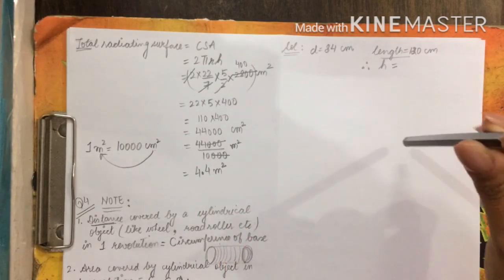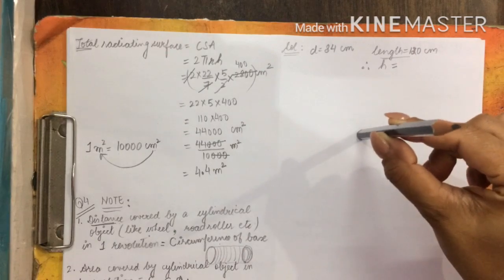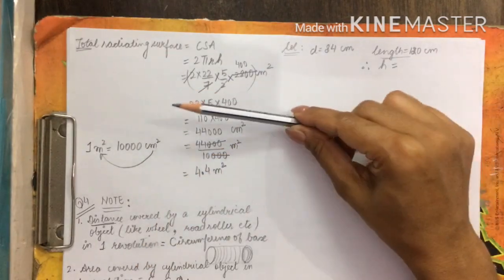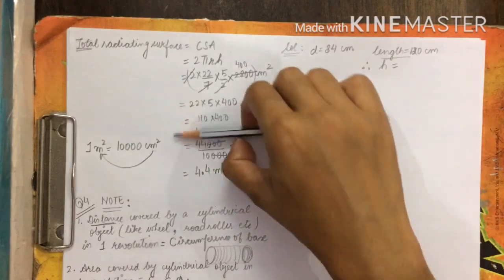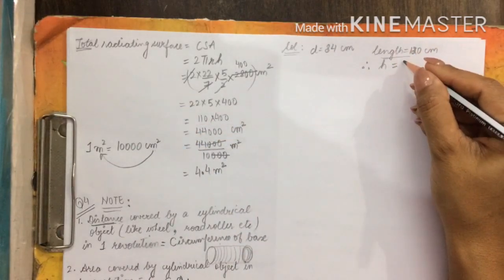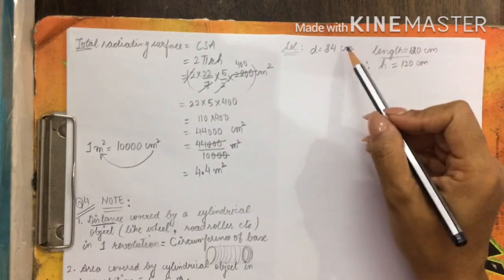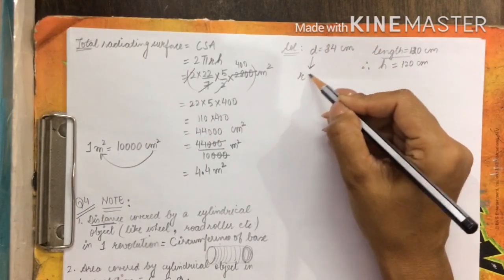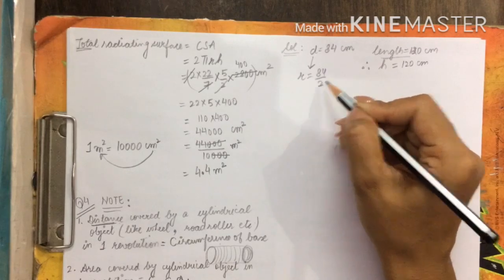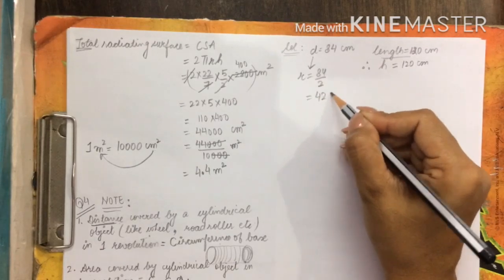If I hold this pencil vertically, right now this is the height, and if I put it down, it will be the length. So the height is 120, and the units are the same. We need to find out the radius to be used in the formula. Dividing the diameter by 2, we get 42 centimeters.